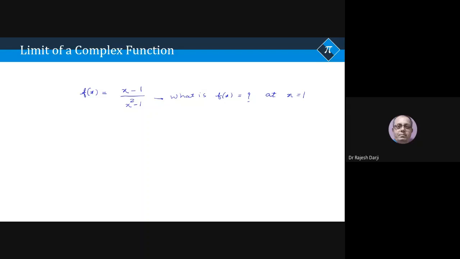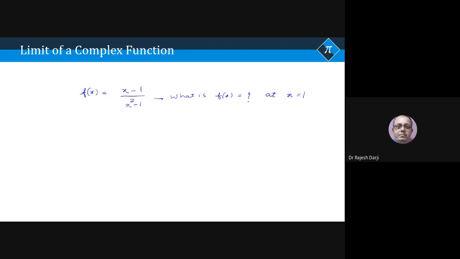Enrollment number 50, Raj Patel. Not present? Yes, sir. So what is the value of this function at x equal to 1? क्या होगा? Raj Patel? Absent.